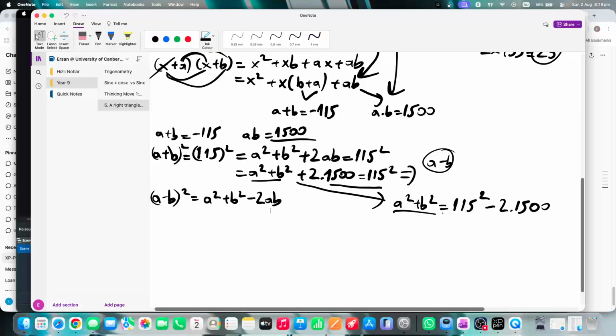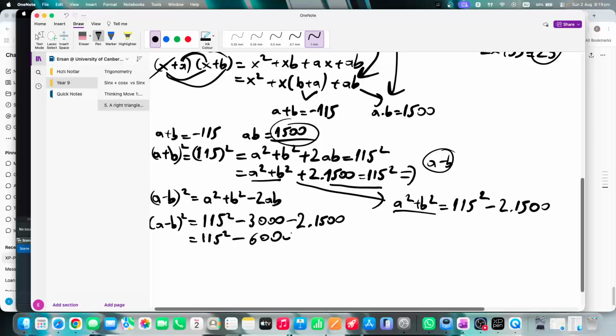This is my a squared plus b squared. Then I can substitute it here: 115 squared minus 3000, minus 2 times ab, 2 times 1500. So a minus b squared is 115 squared minus 6000.